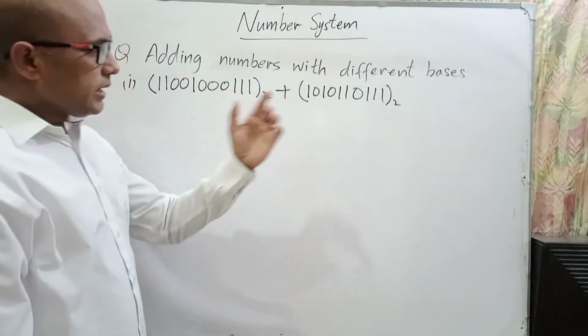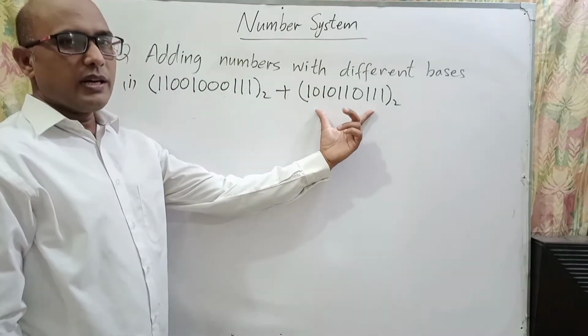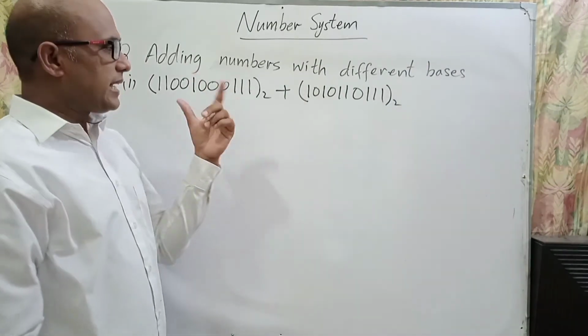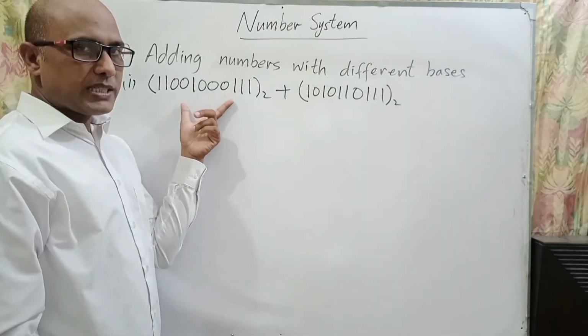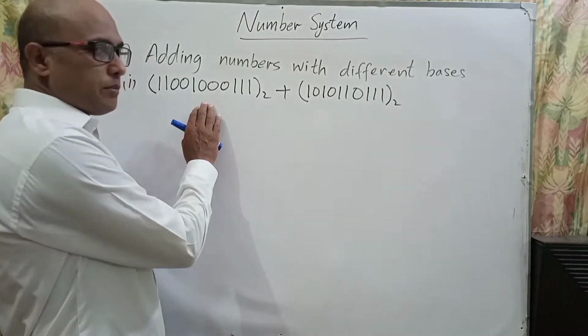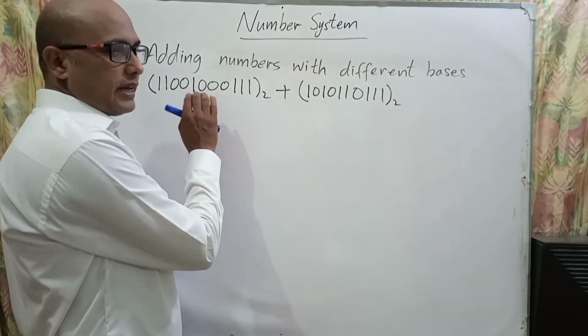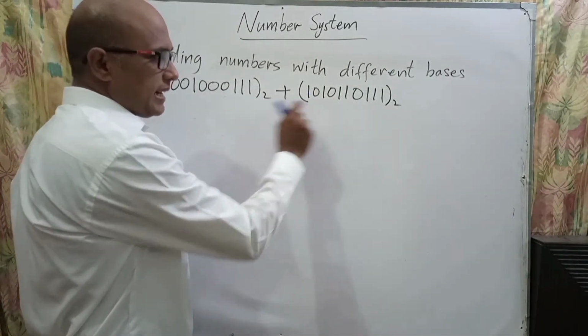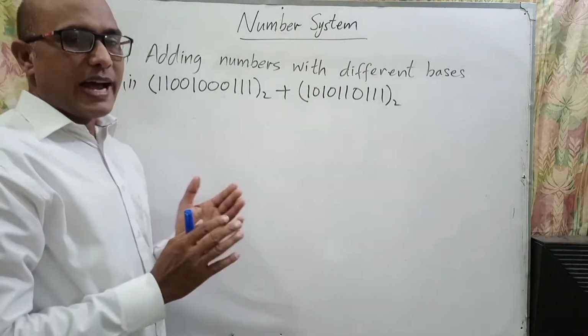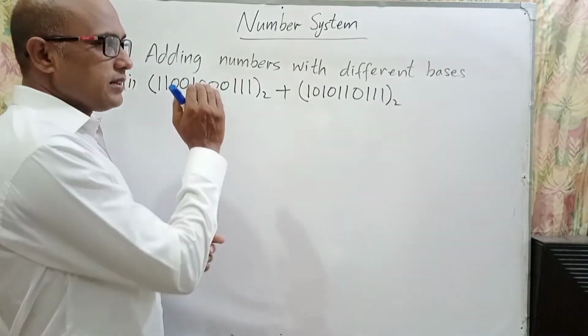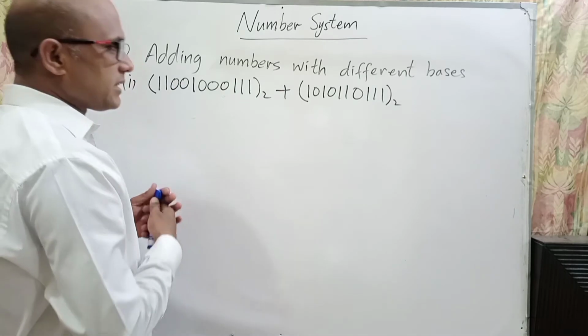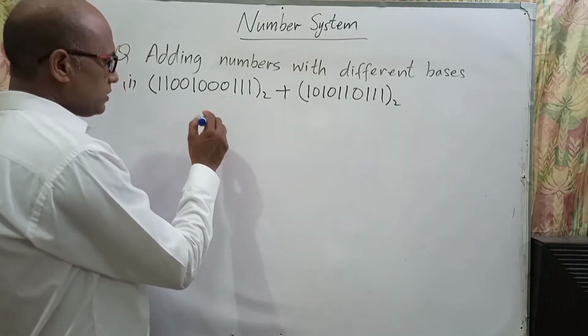So, the digits of this number are 10, 1 less than the other number. Students, that means the first number is bigger than the second number. So, we'll write the bigger number above and the smaller number below.